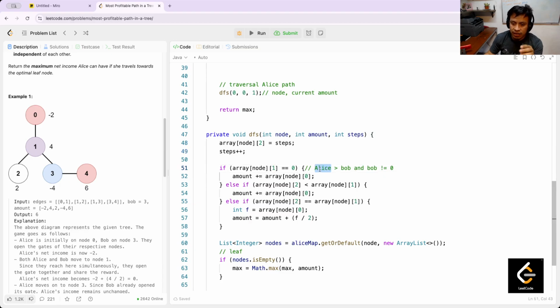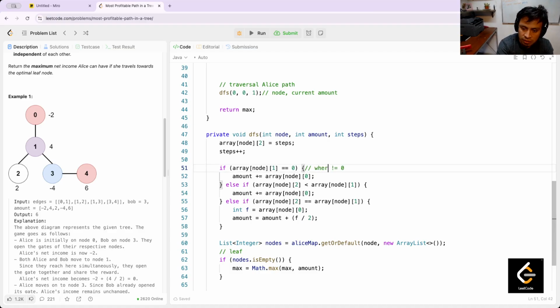And again, where Alice is greater than Bob. For example, if Bob is 0, but specifically if the node is 0, no, this is wrong.